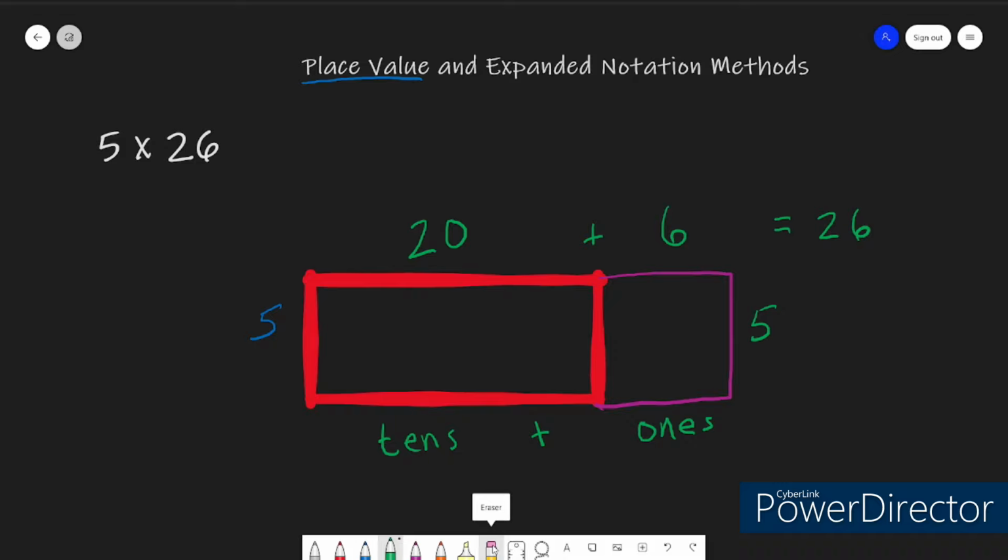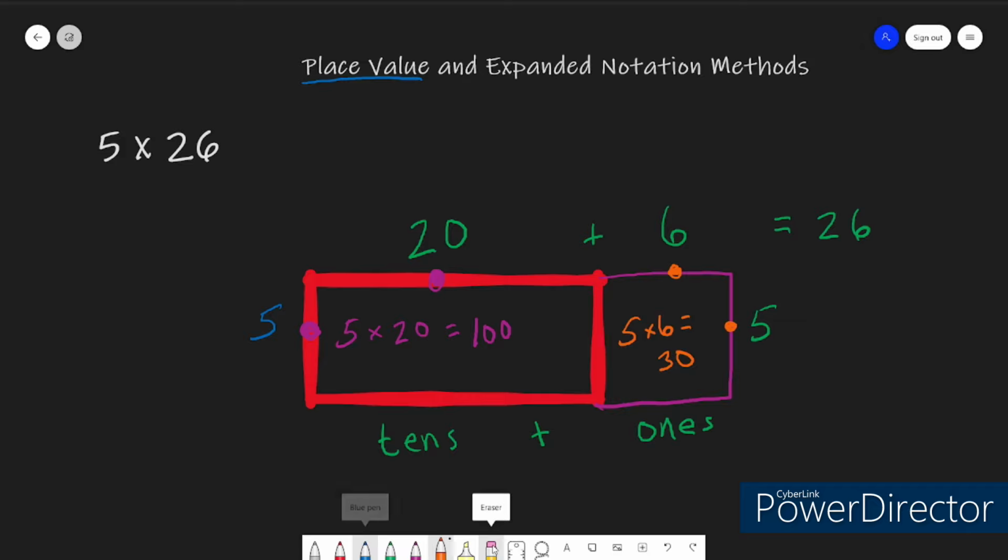So let's begin with the tens box. We will be multiplying 20 and 5 to get our area for the tens box of 100. And we will wrap up with the ones box of multiplying 6 times 5, or 5 times 6, which equals 30.